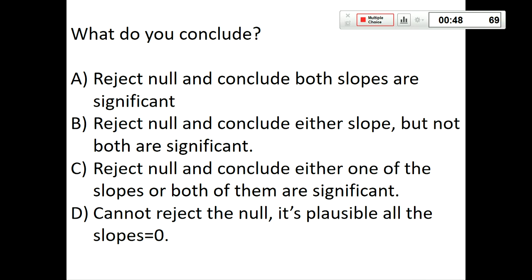Remember what the null was. It was that all those slopes were equal to 0. All right, I'm going to stop it at 1 minute.